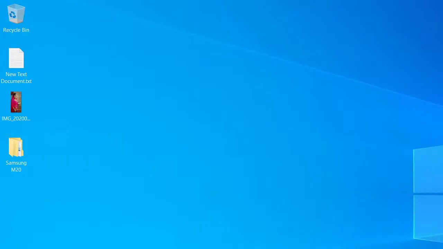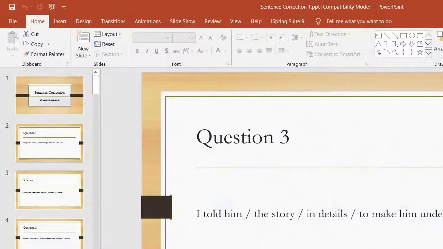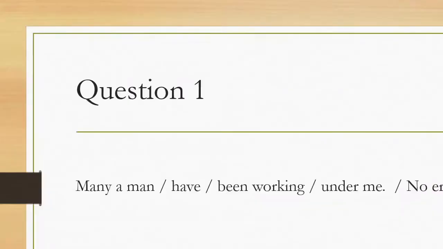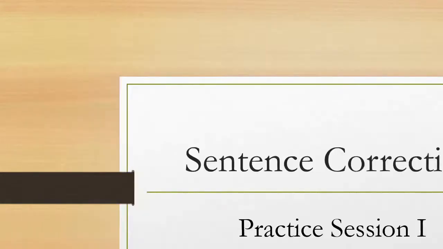Now what we can do is I'll show you this. You'll get an idea about how this works. So this is the practice session one, and I told you there are several rules, so I have divided it into practice session one and two. In this session, we'll cover a few questions. I'll not be able to complete the whole slide because there are around 60 or 70 questions.